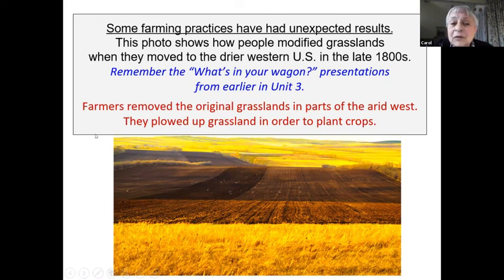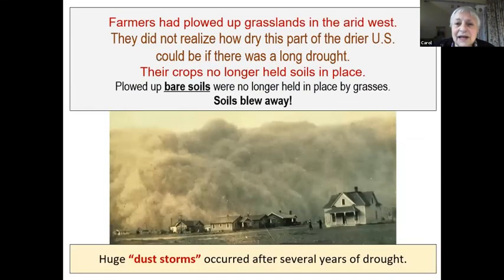And what farmers had to do was remove the original grass in this part of, remember what we called the arid West? They literally plowed up the grassland in order to plant a grass, wheat, that is great for humans to use its seeds for making bread. So this kind of harks back to what's in your wagon. And we'll go on and see what happened.